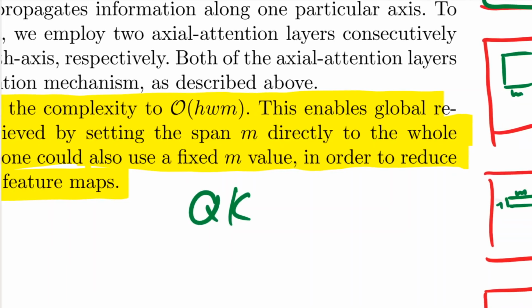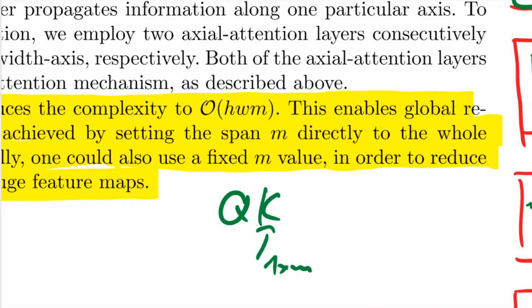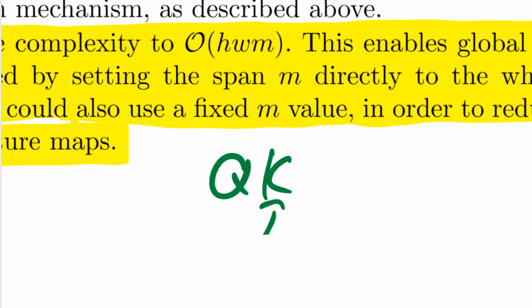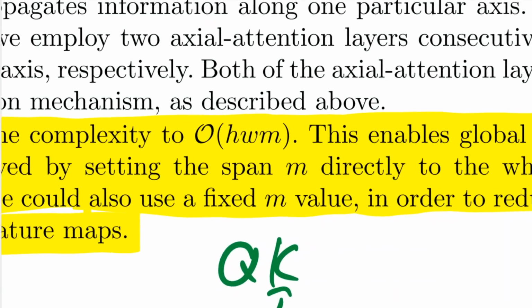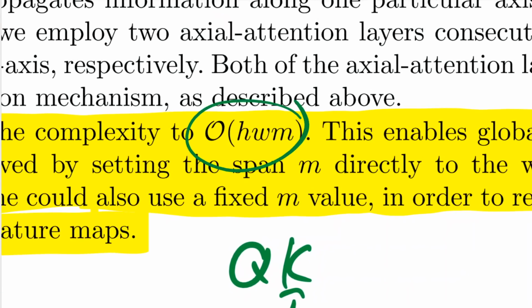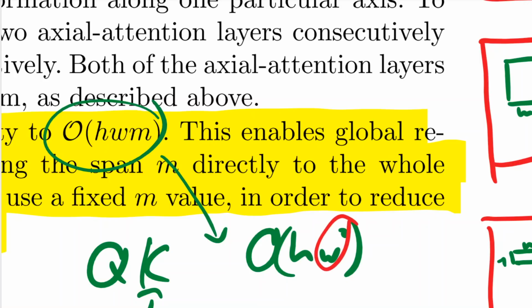Now, even if you make the keys 1 by m, yes, you reduce this from height times width times height times width to this. But then you can see on this thing right here, if you take it and let's say we have this kind of row pattern and we replace m by the width, then we have width squared. So again, the square appears.